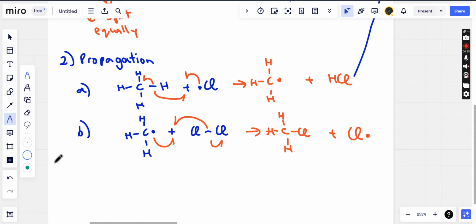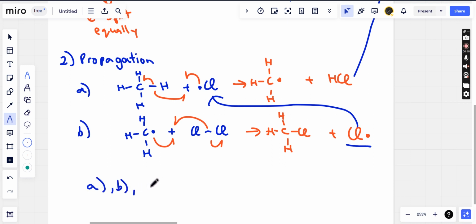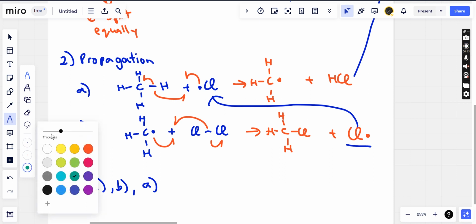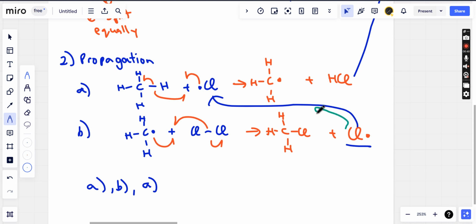And why this is called propagation is that in the B step here, these chlorine radicals can continue and take part in step A again. So step A happens, then B, and then A can happen again due to the chlorine radicals that form in B, and the reaction can keep repeating A, B non-stop.